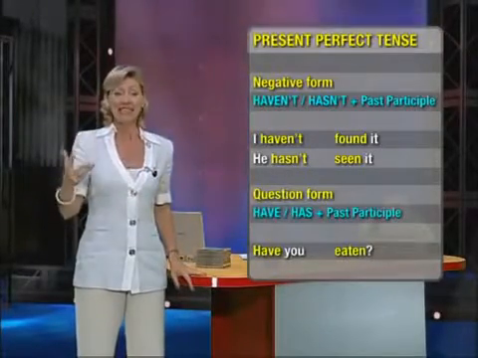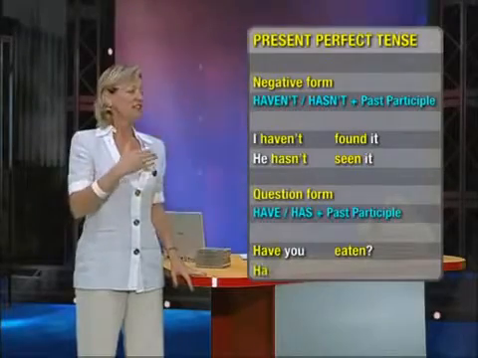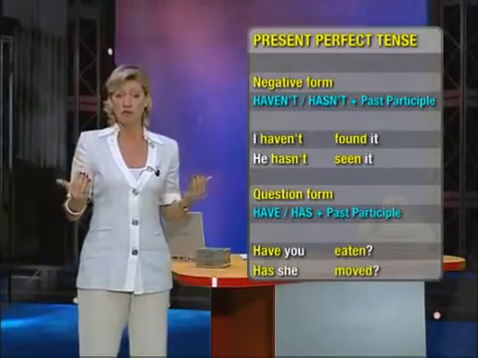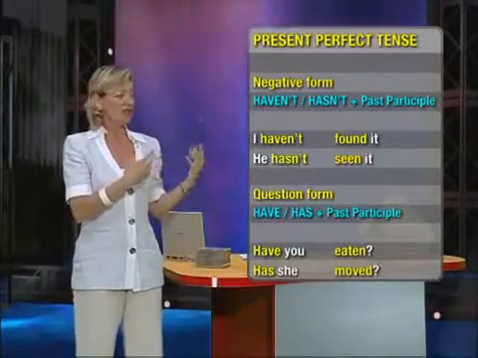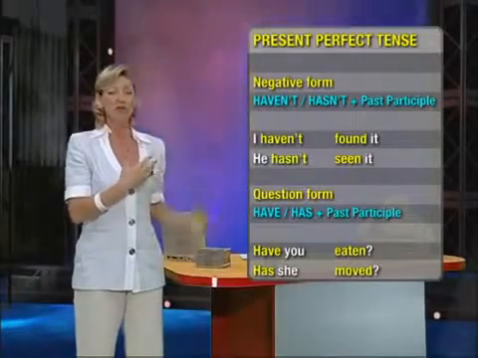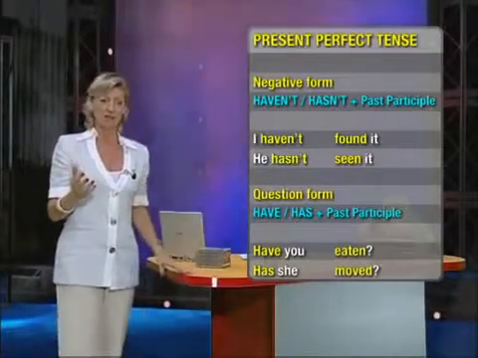Eat, ate, eaten. And has she moved? Okay, so these are the examples of how you formulate the present perfect. Now, in the next lesson, we're going to look at when we use the present perfect, which is a little bit more tricky. But now let's go back and see what's happening to our friends.